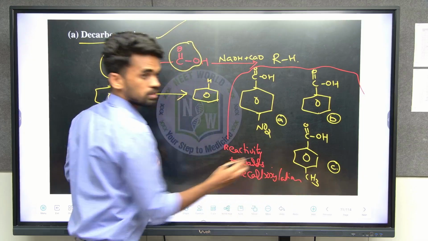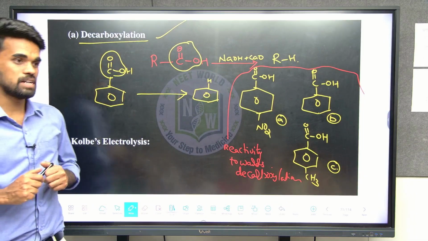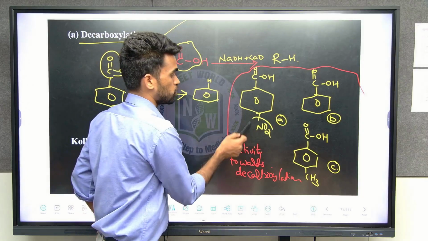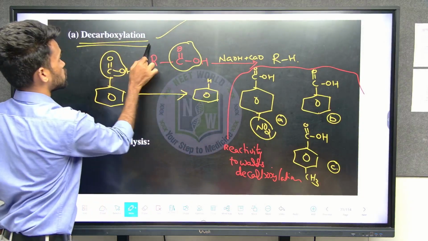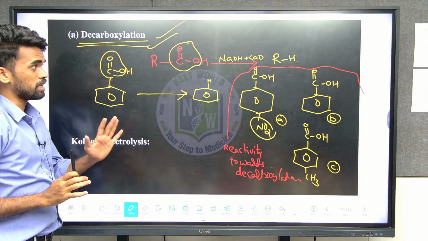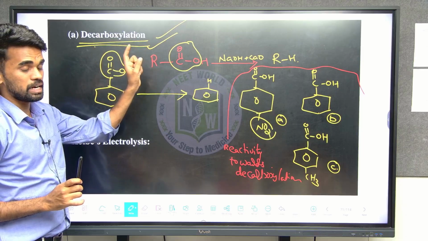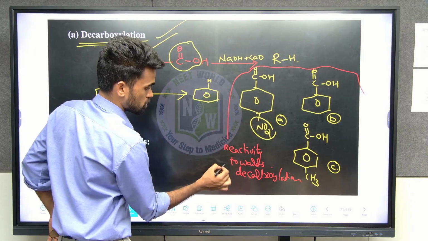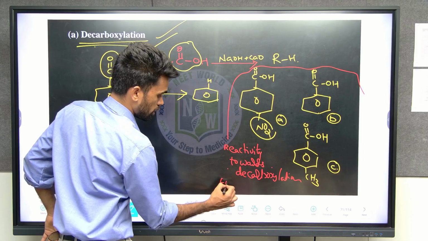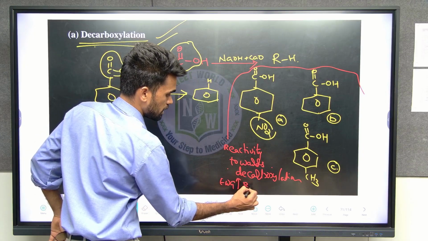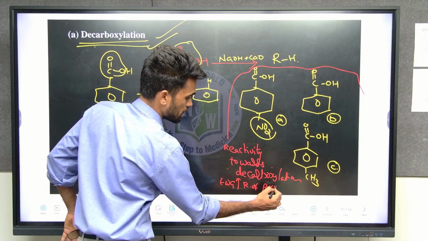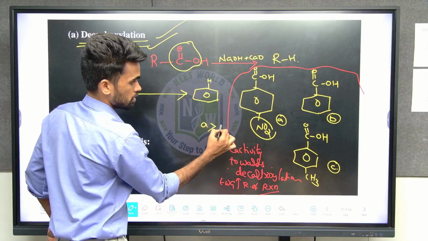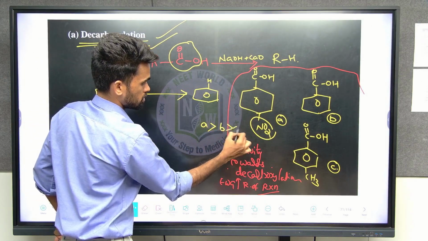Tell me, how can we answer this? If an electron withdrawing group is there, the rate of decarboxylation increases. You can write: electron withdrawing groups increase the rate of decarboxylation. So which is more here? A, B, C. This is the order.